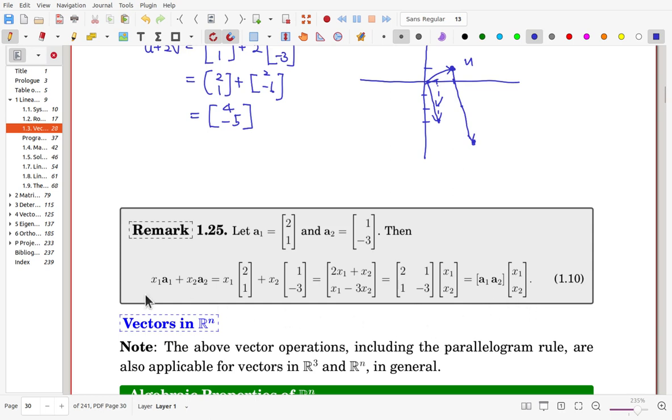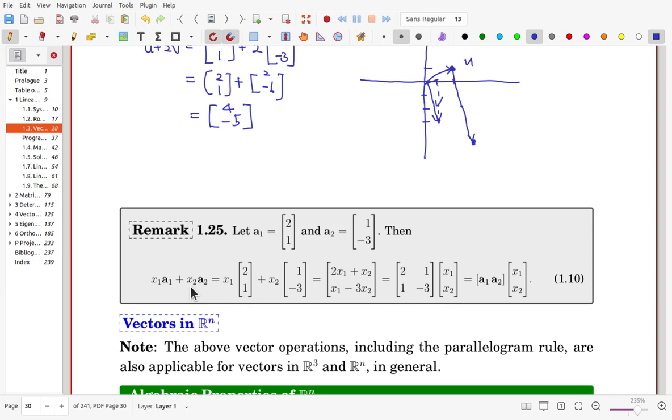This equation is saying that the scalar multiple and vector addition can be written as matrix-vector multiplication, and such a term is called the linear combination of two vectors a1, a2.